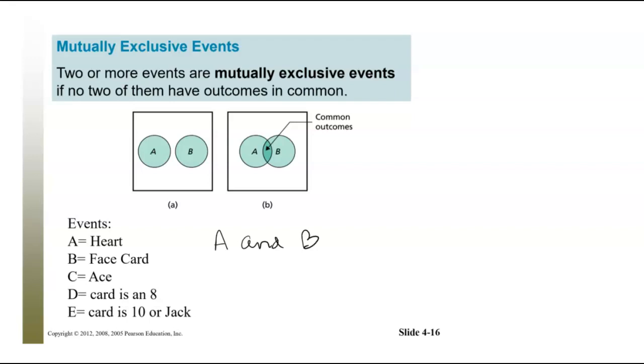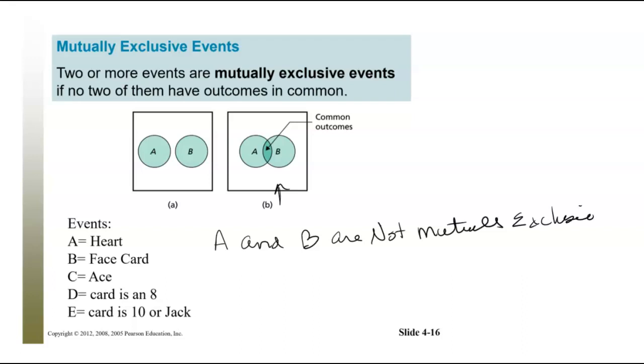So can those two events have something in common? In other words, is there a heart that's also a face card? Absolutely. A and B would fall into this category and are not mutually exclusive.